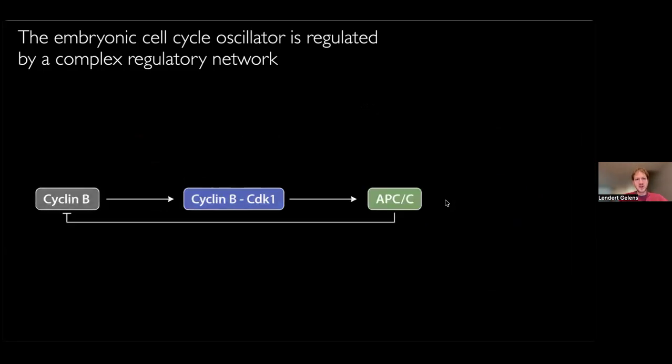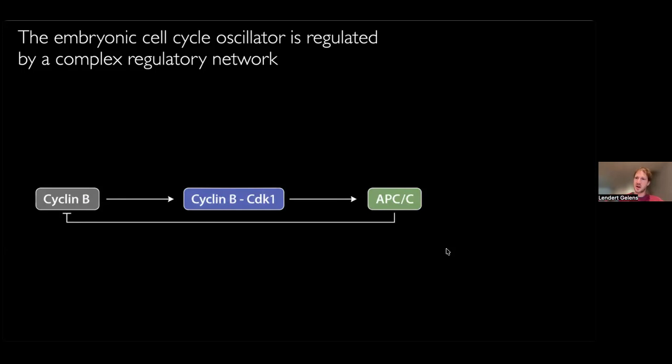And so what we did was to try to make the simplest possible model for the cell cycle, keeping still as much experimental realism as possible. And so we kept these three players, cyclin B coupled to CDK1 and APC. So what happens is that cyclin levels rise.